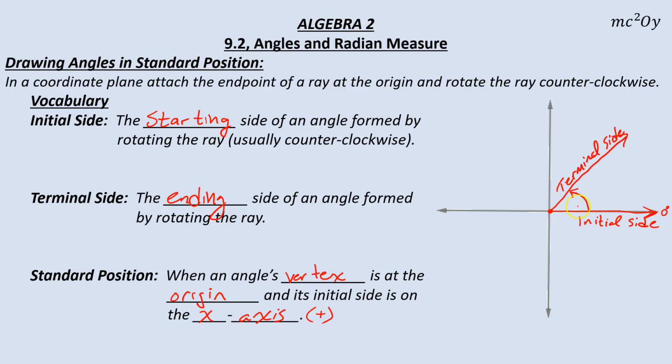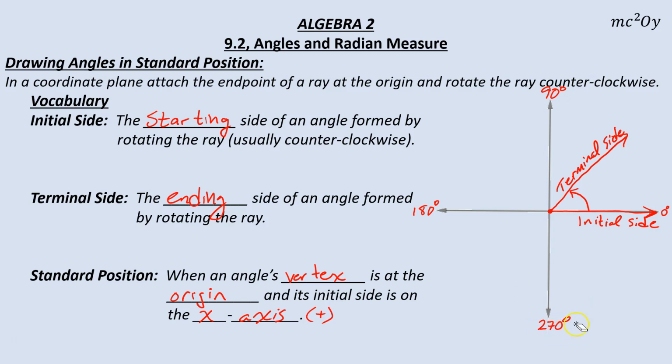When you rotate all the way up to the y-axis, you're at 90 degrees. If you keep rotating, you'd be at 180 degrees. From there, you go another 90, which would be 180 plus 90, or 270, right?